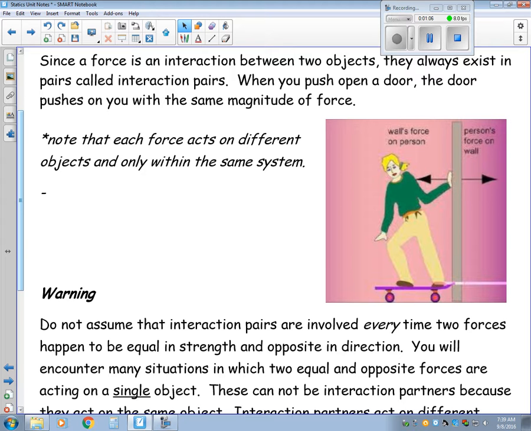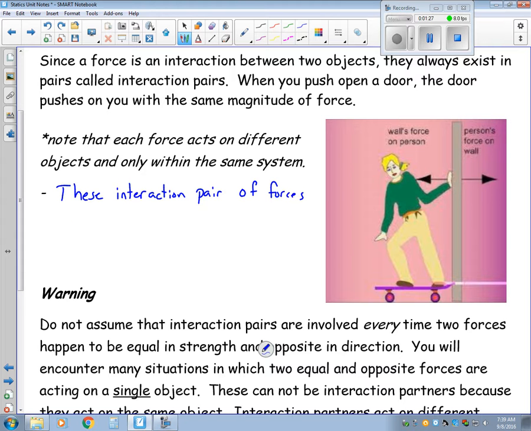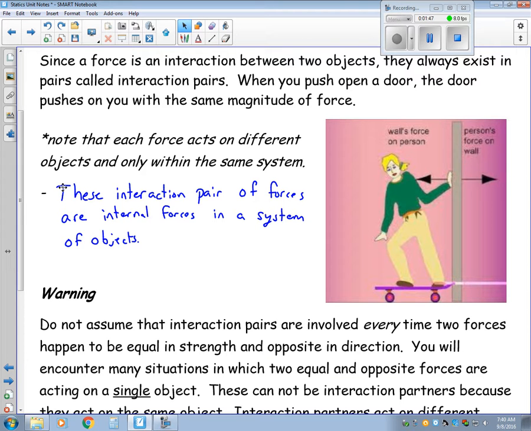So these interaction pairs are actually internal forces in a system. And that's always true. So we're bringing back the term for system.